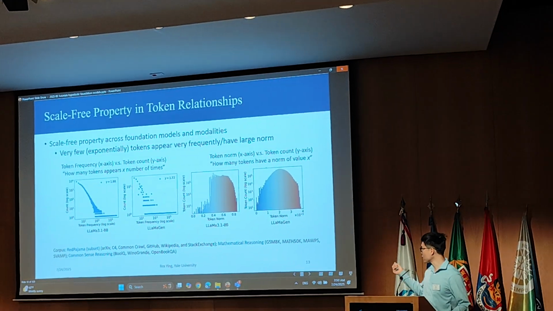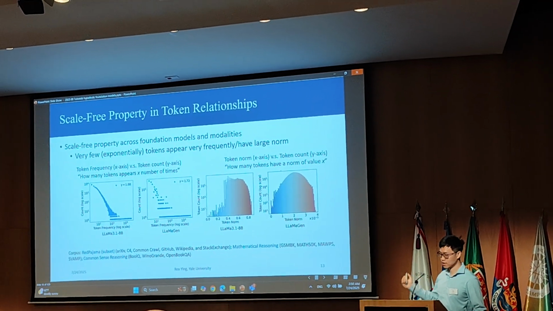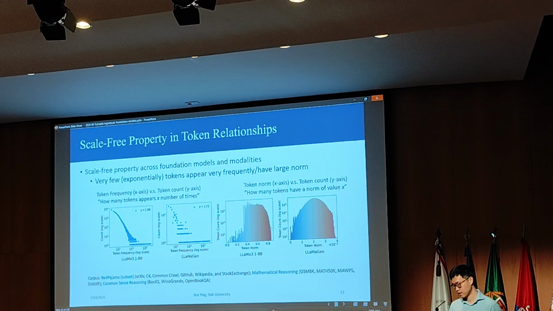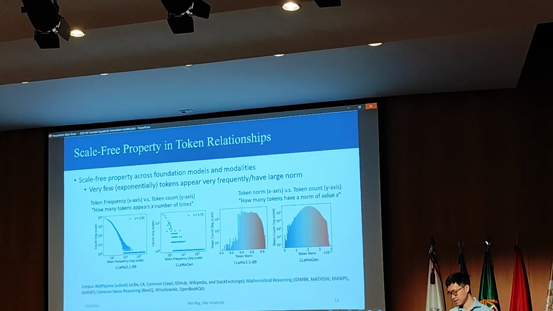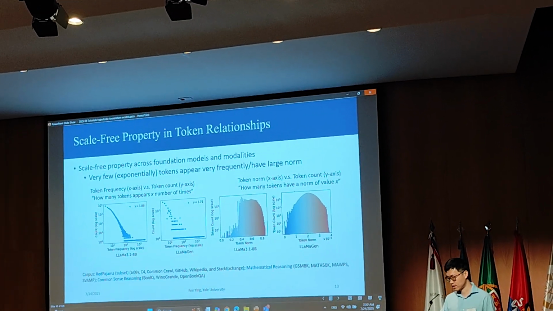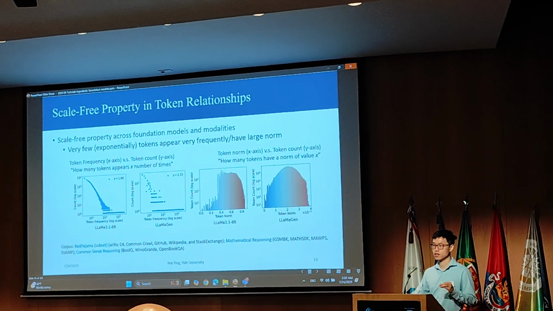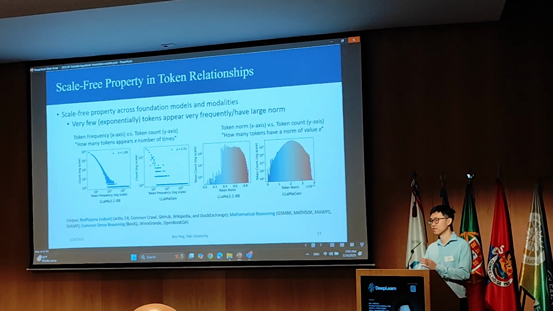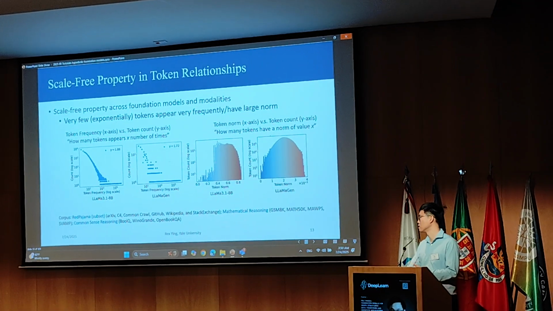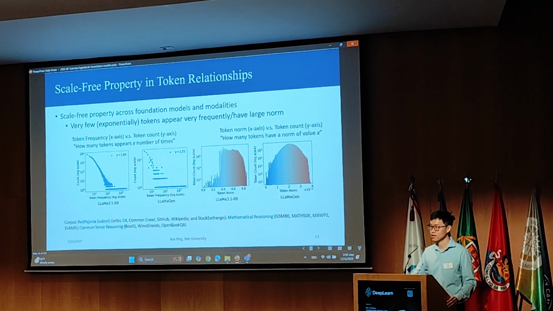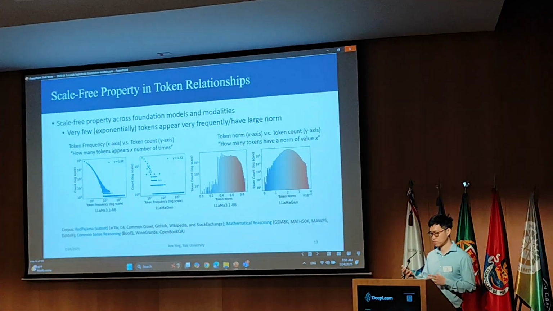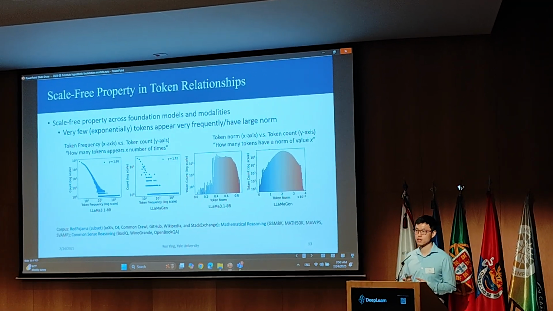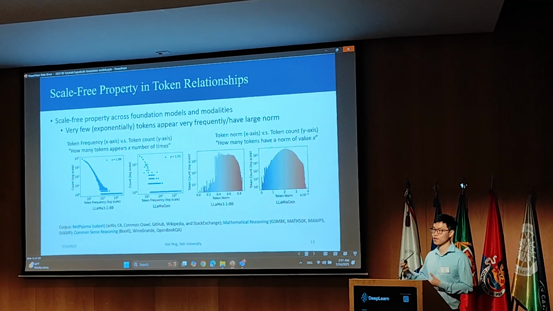Okay, so the second part of the plot is more on the embedding space. We are investigating token norms. In this case, every token appearing in all kinds of different contexts will get a different embedding, embedded by, let's say, Llama 3.1, and we can compute the average norm for each token, which is basically the length of the vector.